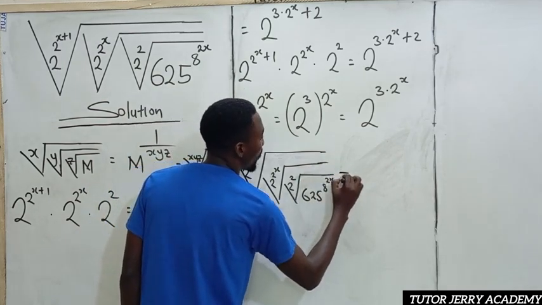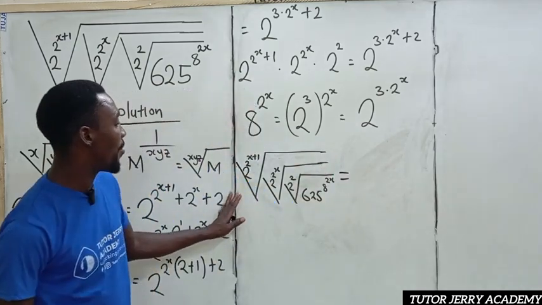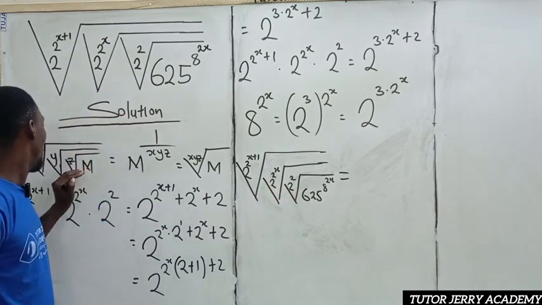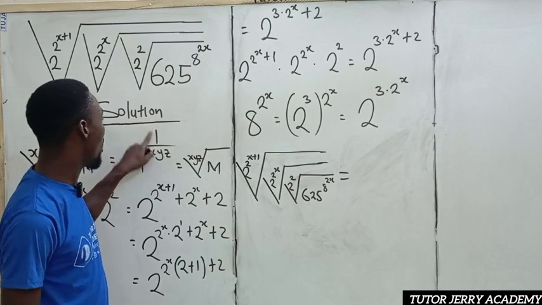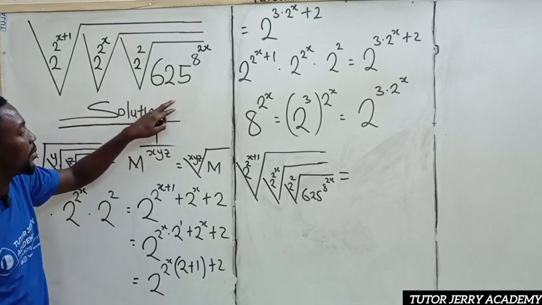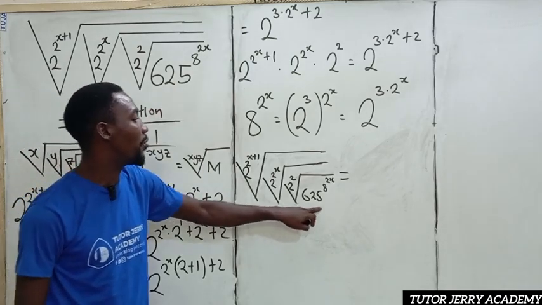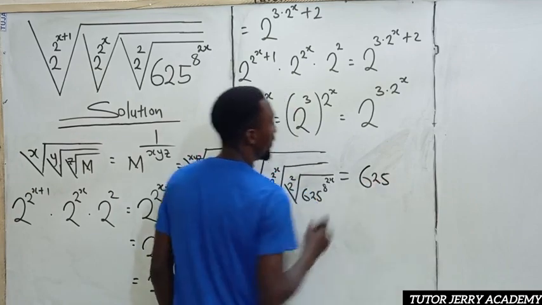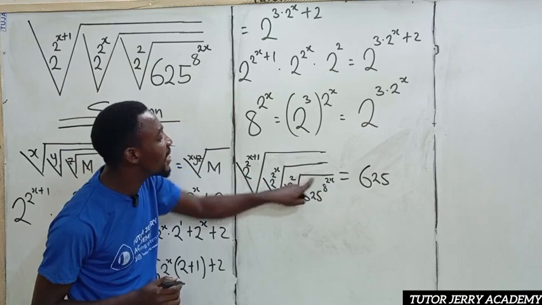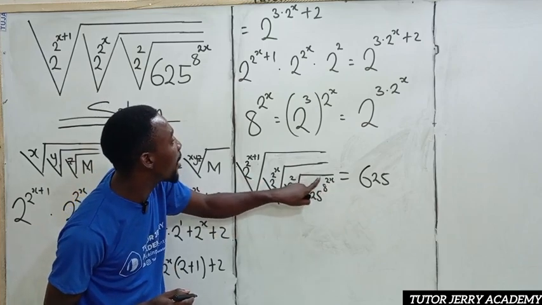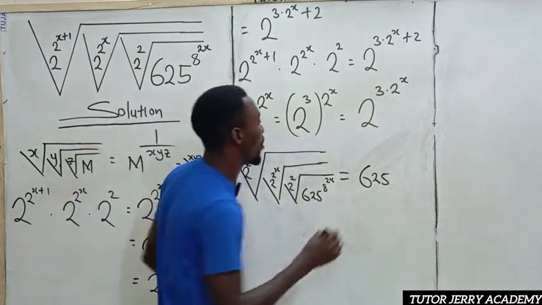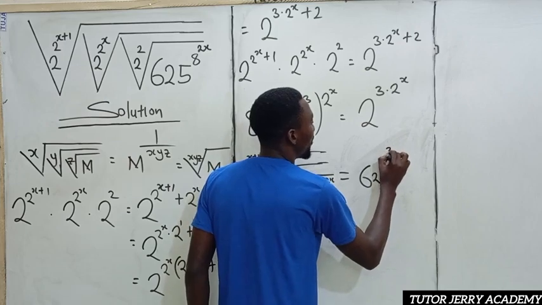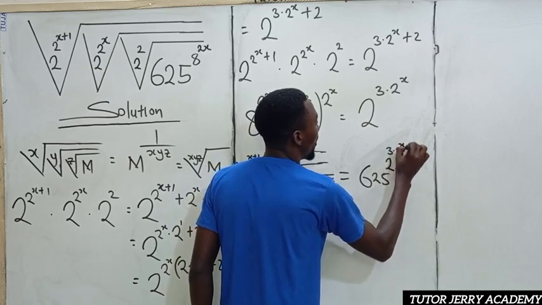So this will be equal to, now that we have multiplied this and this and this, their product here is going to be 1 all over, then our m here is nothing but 625, then everything here is our m, but don't forget 8 to the power of 2s, we have already resolved it to be 2 to the power of 3 multiplied by 2s.